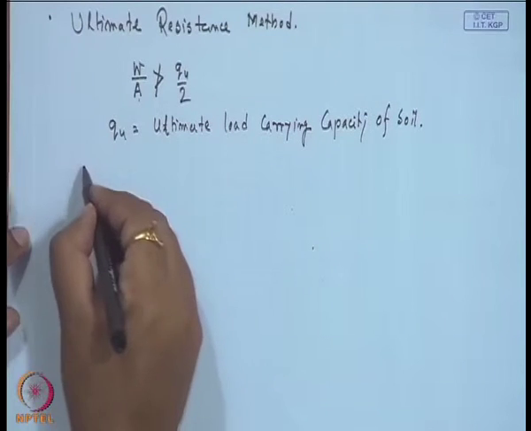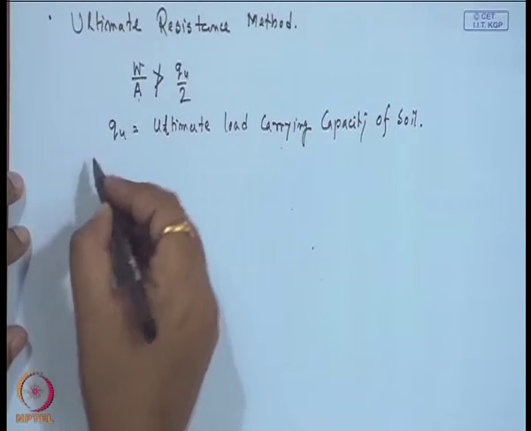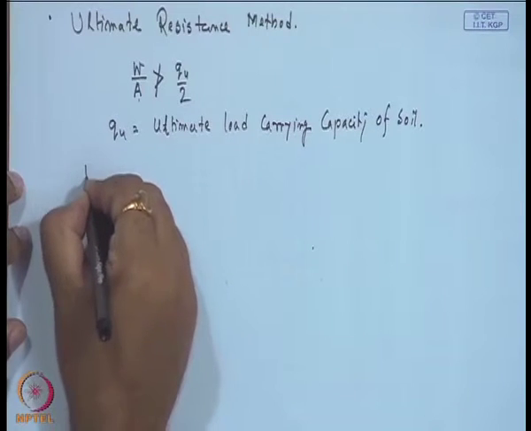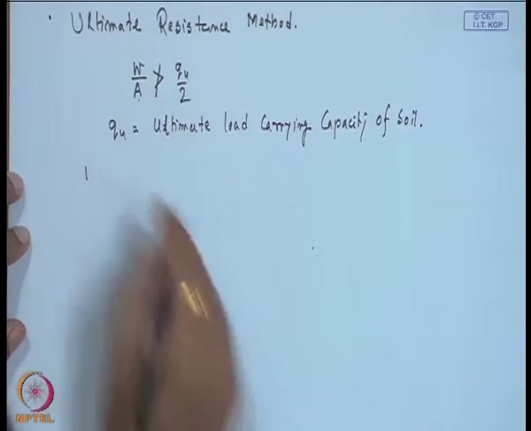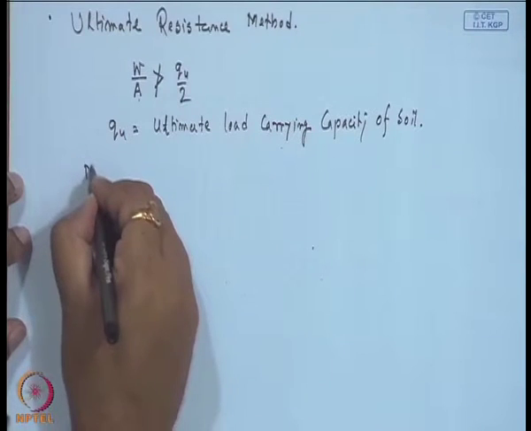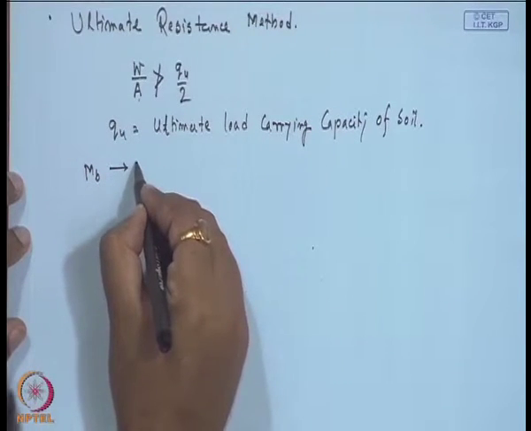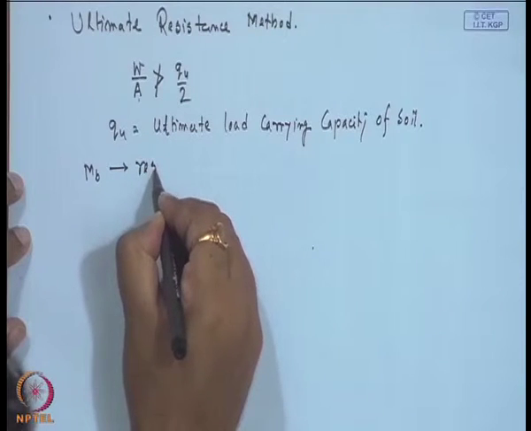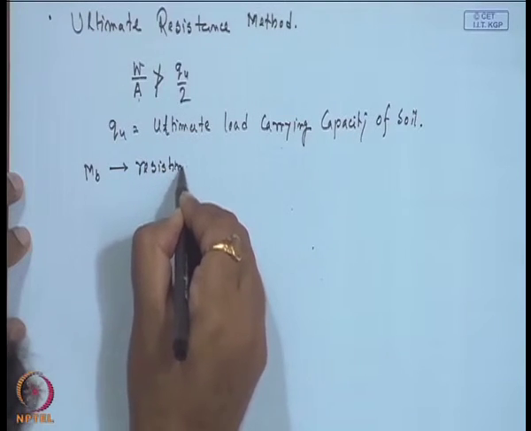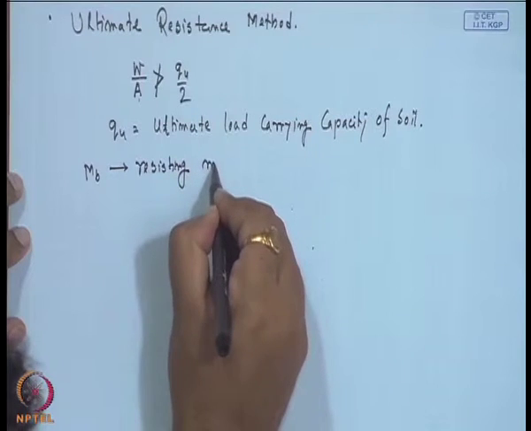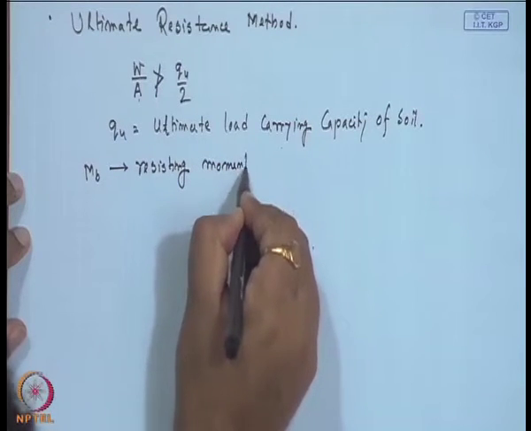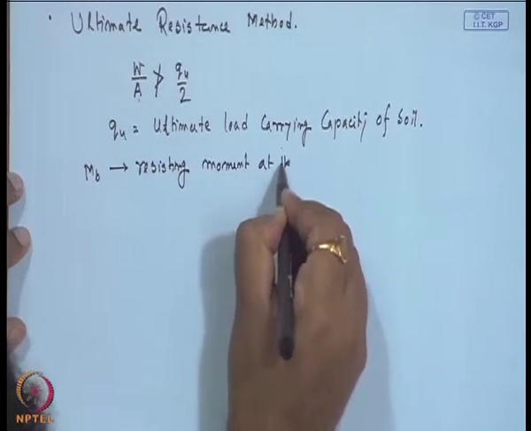Next, you will calculate the resisting moment at the base. There are three moments that we are getting, one is M B, that is the resisting moment at the base.